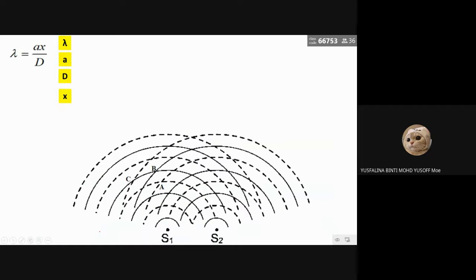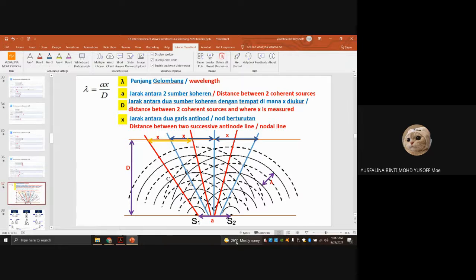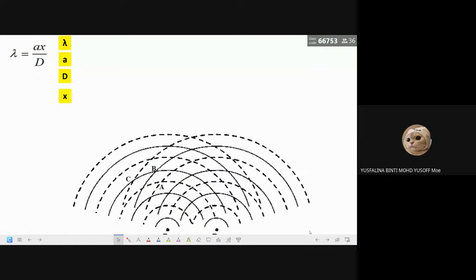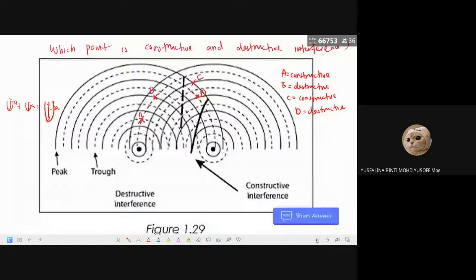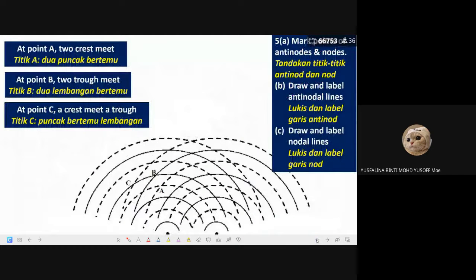Okay, so let's check. What is actually constructive and destructive? Let's go through it again. Let's say this is the two sources for the water wave, and you can see they overlap with each other.